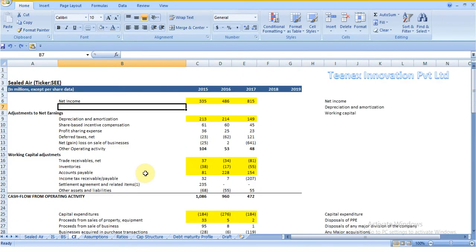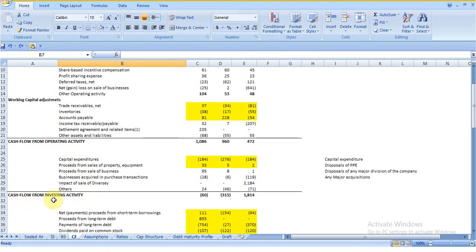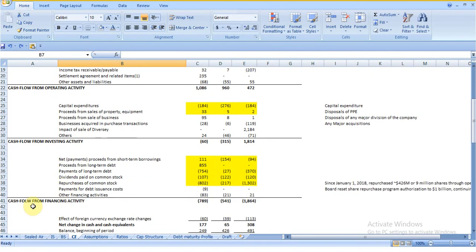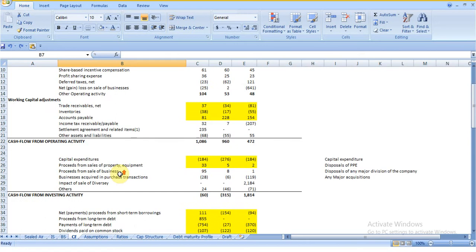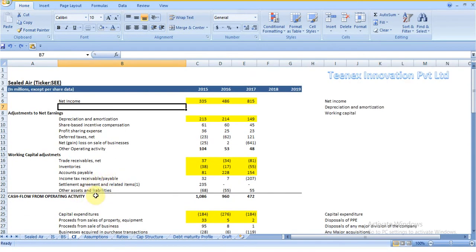The cash flow statement is broadly divided into three parts: cash flow from operating activity, cash flow from investing activity, and cash flow from financing activity. In cash flow from operating activity, there are three very important things to understand: net income, depreciation and amortization, and the working capital need of the company.